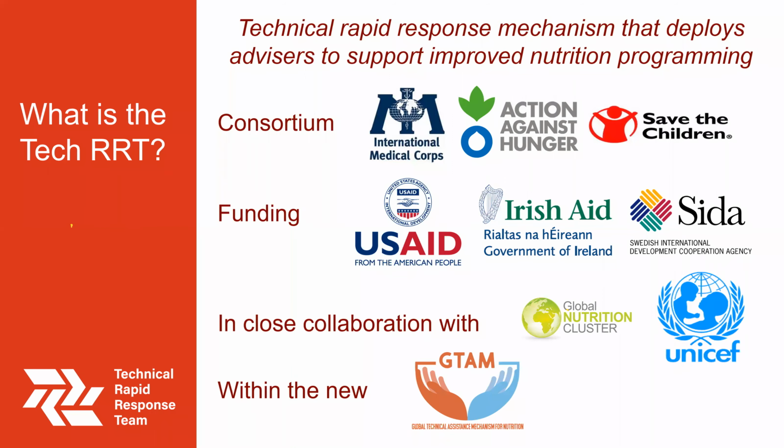The Global Technical Assistance Mechanism for Nutrition, if you haven't heard about it, is a newly launched, or we're actually launching, I should say, overarching body with the objective to provide a predictable, flexible, systematic, and effective approach to respond to nutrition technical gaps and meet the nutrition needs and rights of vulnerable populations, including children, adolescents, and women in humanitarian contexts.